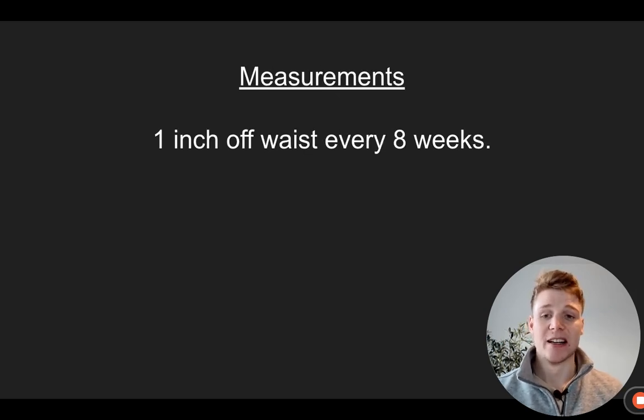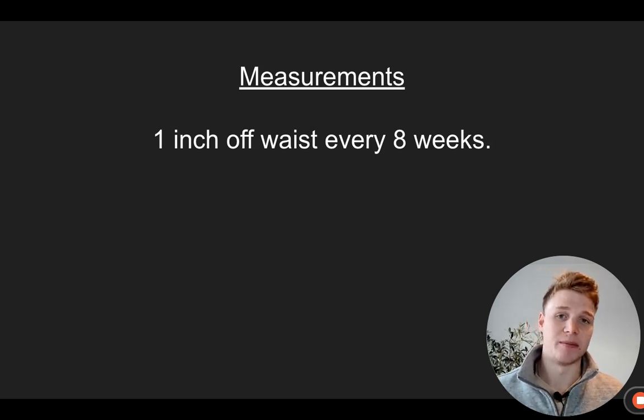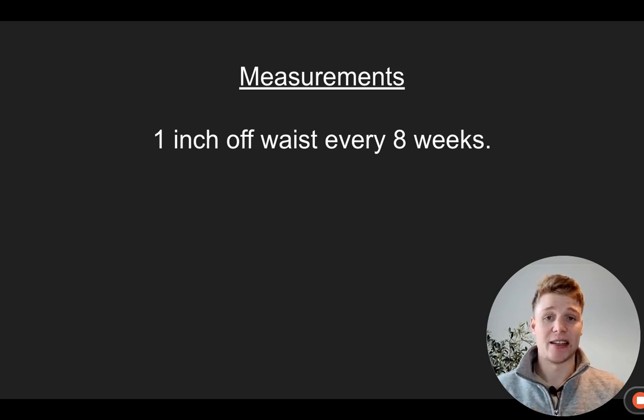And the next, I haven't actually used this one before, but I've heard others say it's useful, and that's using measurements, particularly waist measurements, because usually that's where there's quite a big difference in the size. As you lean down or bulk up, your waist is a pretty good indicator of where you're at.